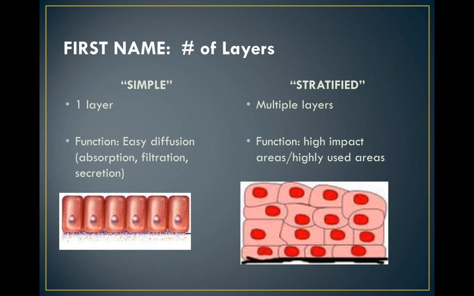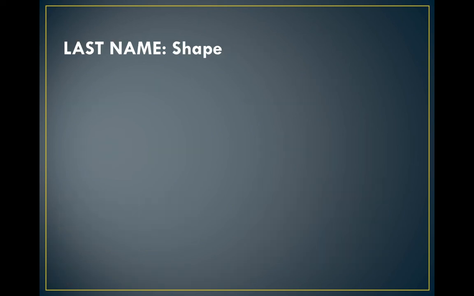Our skin, our epidermis, is a high impact area, but also internal structures are high impact when you think about our digestive system, with food moving through it every single day, or our respiratory tract, where we're breathing every single day. Here is a different kind of diagram, but you see multiple cell layers thick in the black, again, basement membrane to help us remember. So if you are thin, your first name is simple. If you are thick, your first name is stratified.